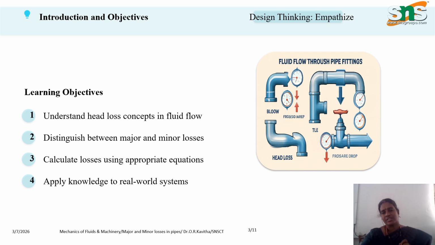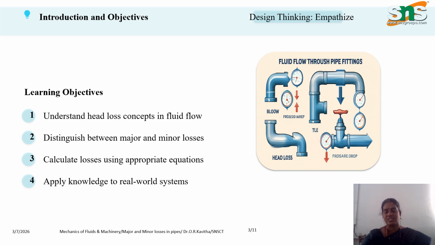The main objective of this topic is to understand the head loss in pipe flow, and also to see the major difference between the major loss and minor loss, the ways to calculate them with equations, and where they are used in the real world.